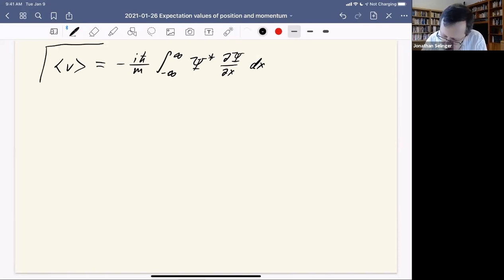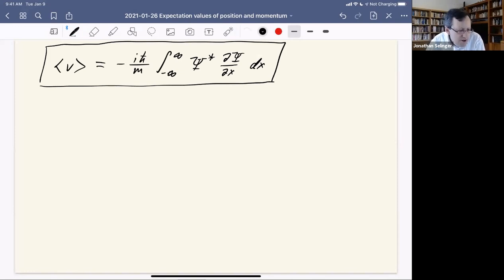This is a way that we could get the average velocity information out of the wave function, working with the wave function and the complex conjugate of the wave function.